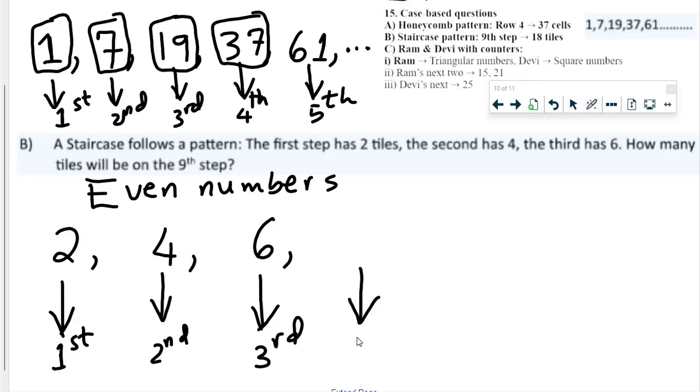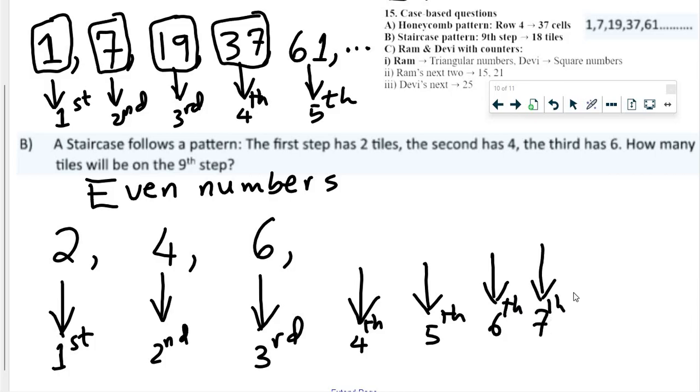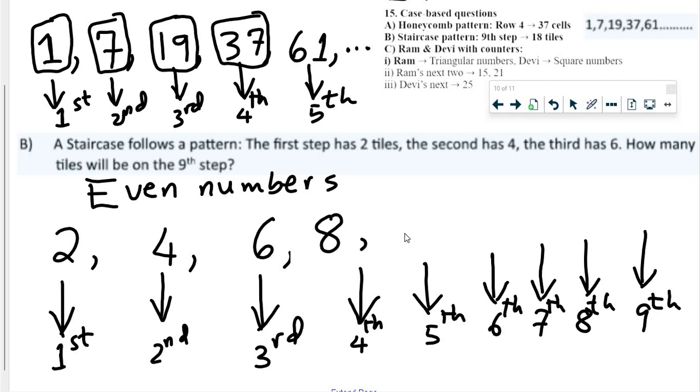Now, figuring out the fourth, fifth, sixth, seventh, eighth, ninth. So 2, 4, 6, 8, 10, 12, 14, 16.